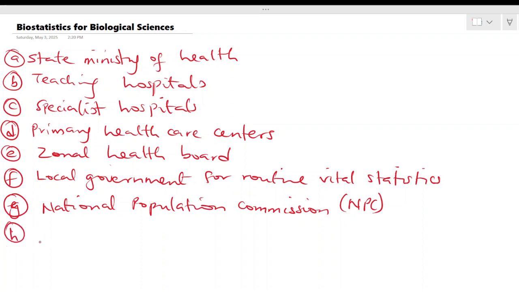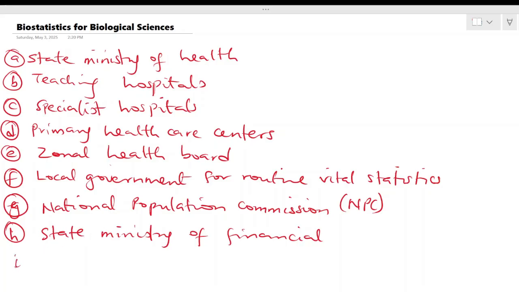Here, you also have this information coming from the State Ministry of Finances. This is where medical researchers get vital medical data that they work with.